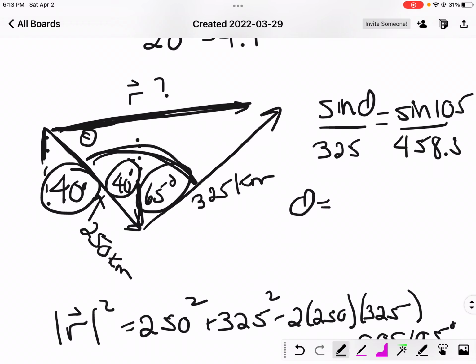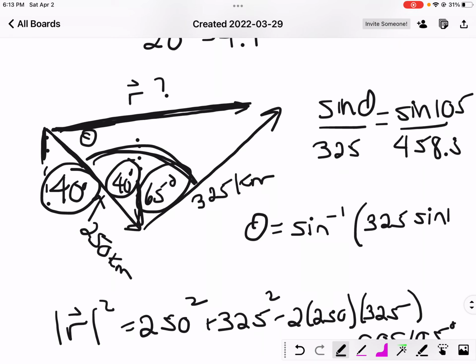Theta equals, I'm going to go down, actually I'm going to go down here, theta equals inverse sine of 325 sine 105 over 458.3.